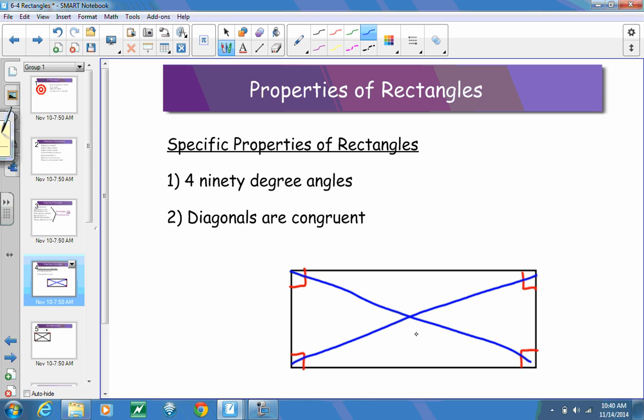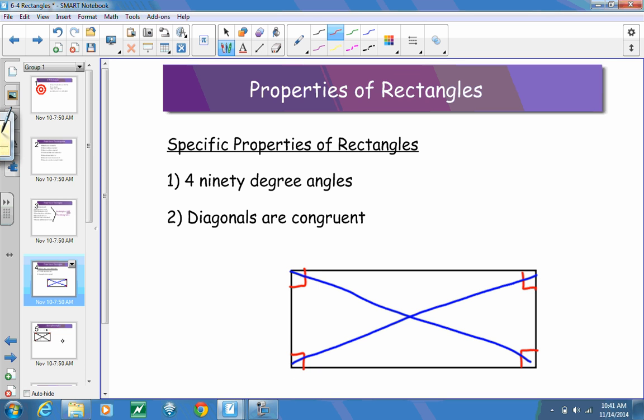Our diagonals here, they're going to share the same midpoint. They're going to bisect each other. And so it's creating 2 congruent triangles. We have all those properties. But also being added to that is the fact that our diagonals are congruent to each other. We have to have 4 90-degree angles, and that creates a rectangle for us.